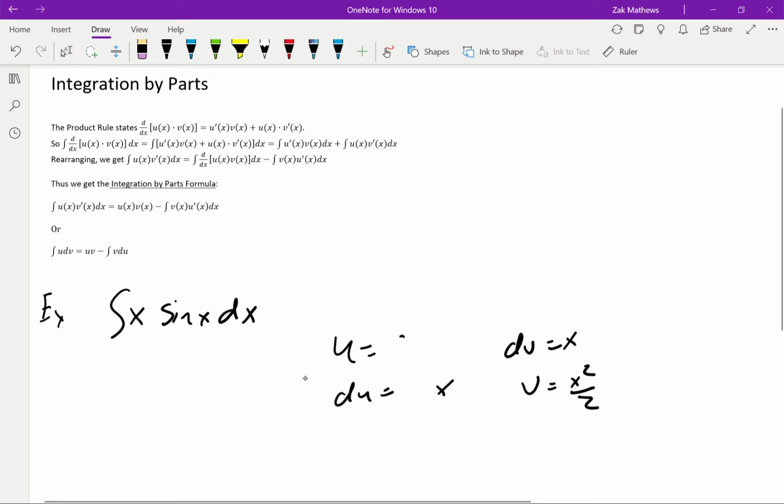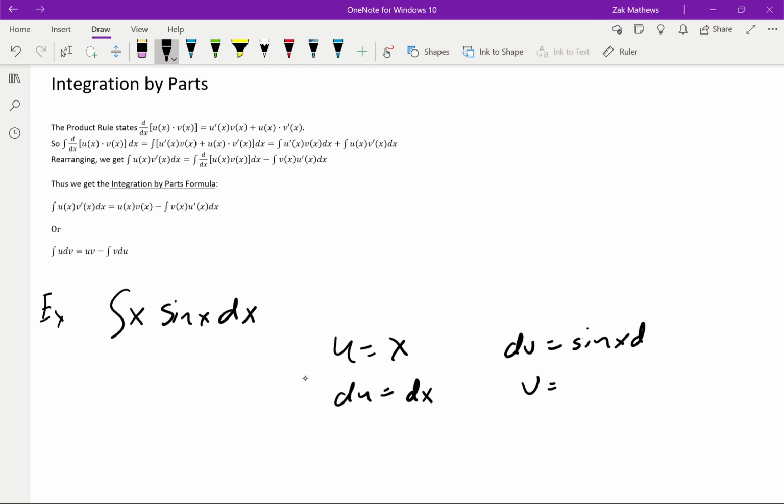So let's choose the opposite of that. Let's let u equal x, because when we take its derivative, it becomes just a nice simple dx. And let's let dv equal the rest, the sine x dx. That means that when we take this antiderivative, we get negative cosine x.